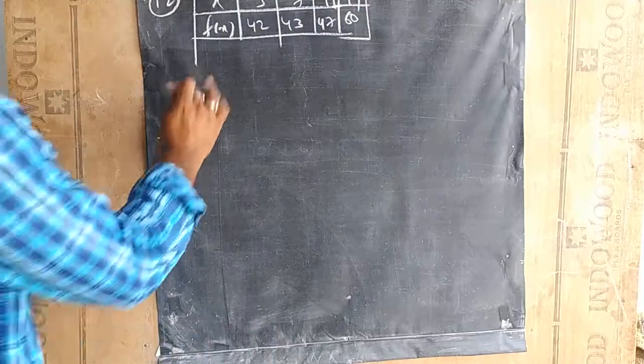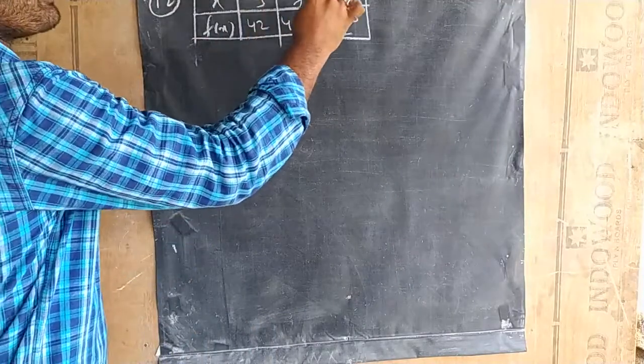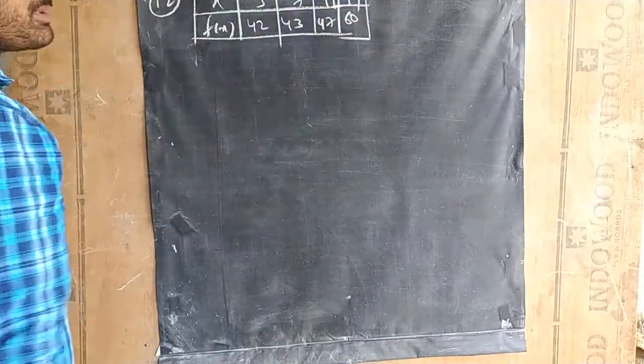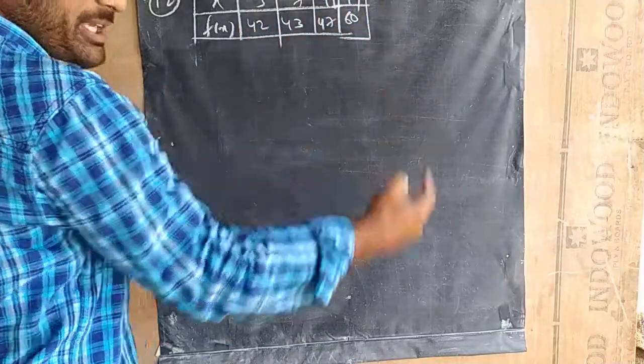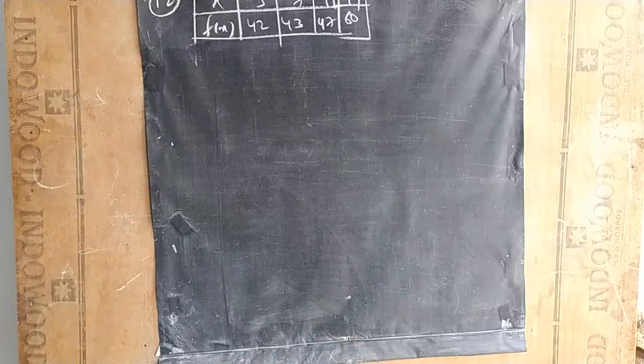See carefully here: the difference is 4, here the difference is 4, here the difference is 8. Since the difference is not the same, we have to go with Lagrange's interpolation formula.